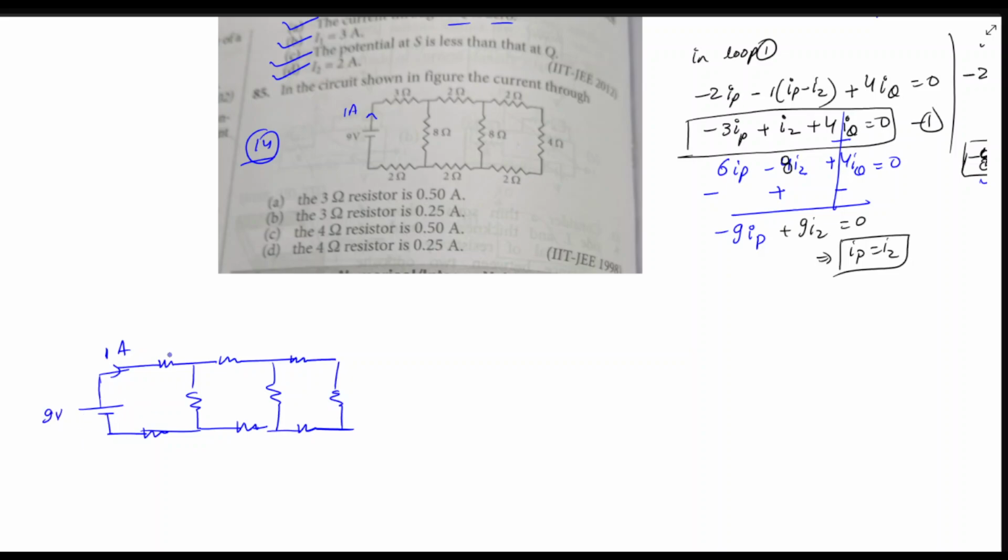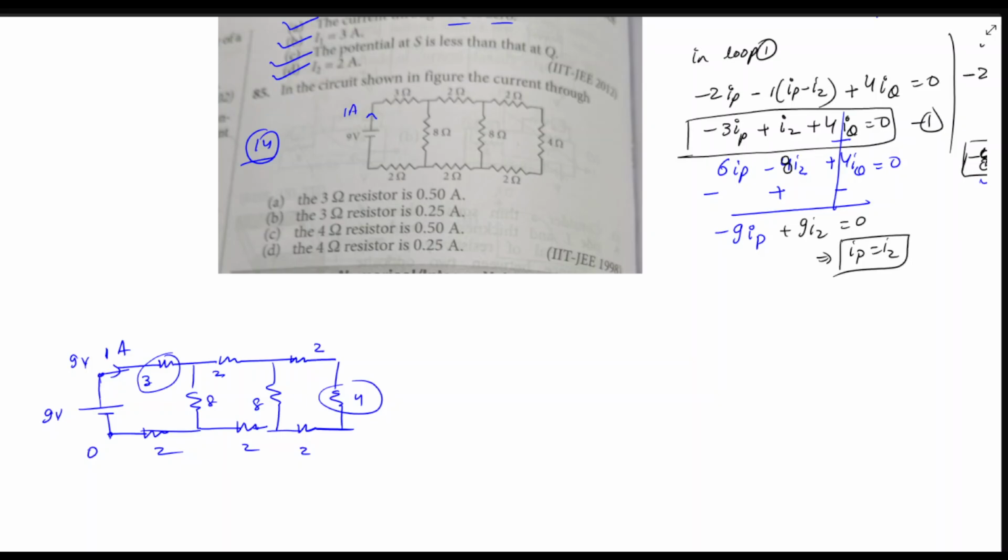Now this is 9 volt. This is 3. This is 2. This is 8, 8, 4, 2, 2. So I've already written 2 here. This is 2, 2 and 2. Okay, perfect. So let's say this point is at 9 and this is at 0, right?